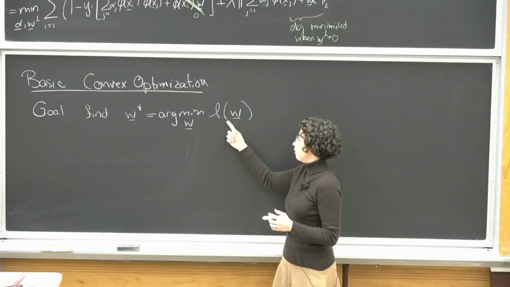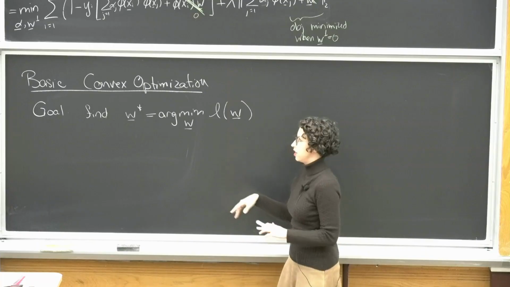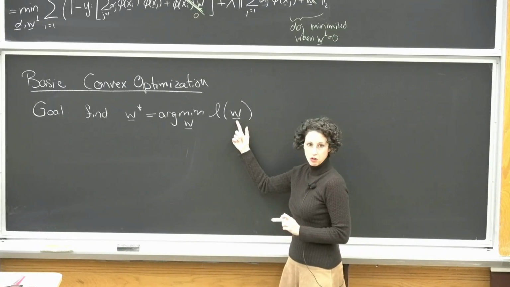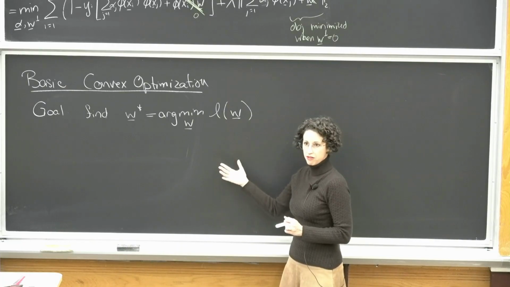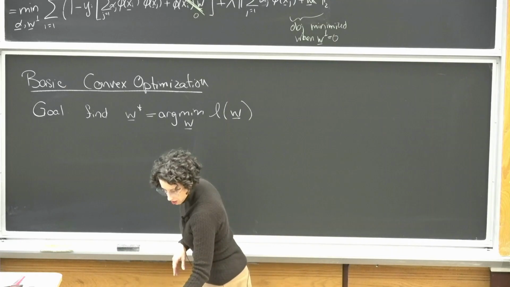This could be squared error. This could be ridge regression. It could be any number of different things. But we've defined how we're going to measure how good a weight vector W is, and now we want to find which weight vector minimizes that loss.